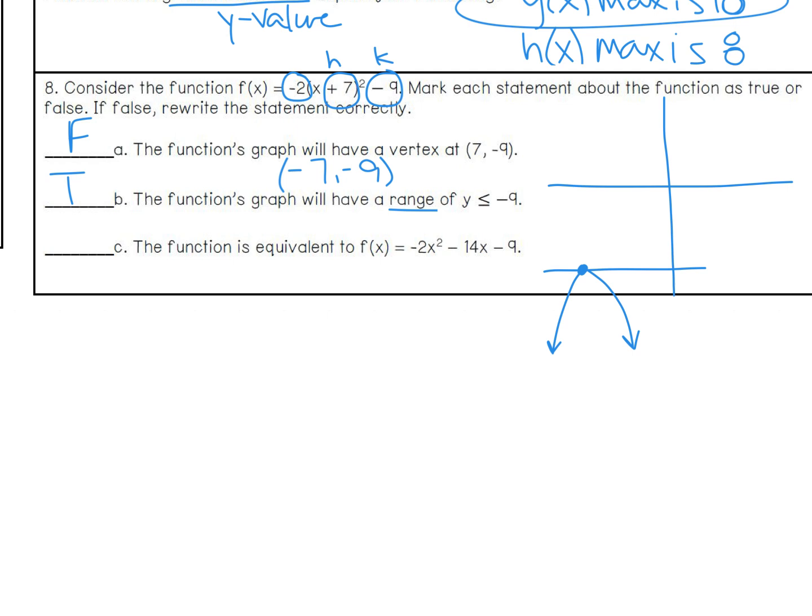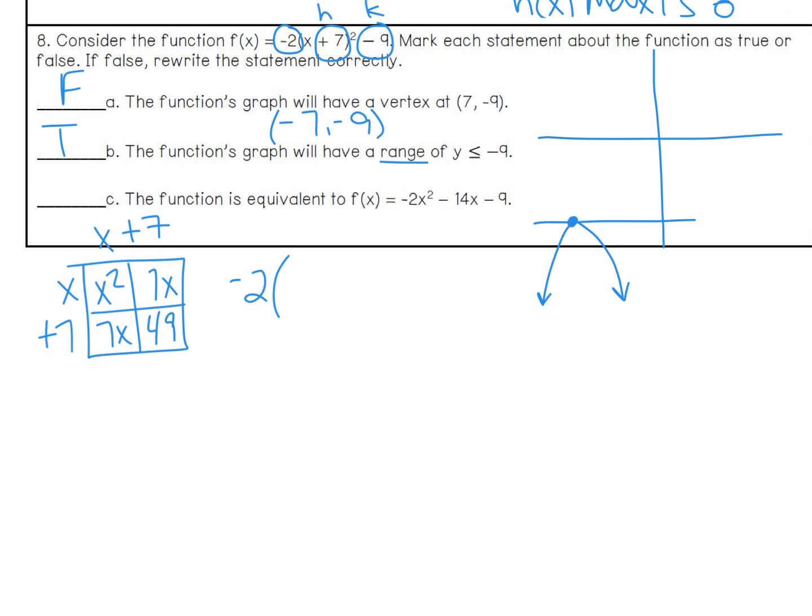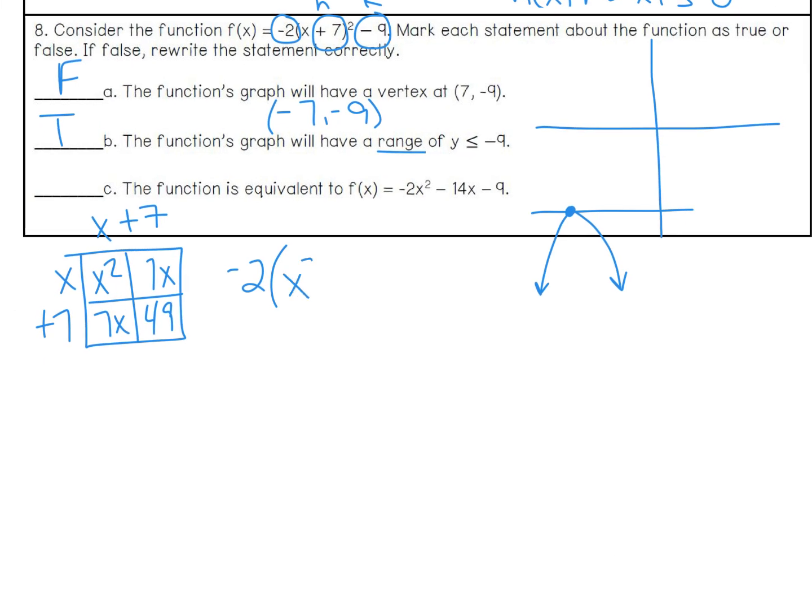All right, is it equivalent? Now you're going to have to do your box again, okay? So you have your x, you're going to have to expand it. X plus 7, x plus 7, 7x, 49. So I have negative 2 times the quantity of x squared plus 14x plus 49, such giant numbers. And then don't forget the minus 9.